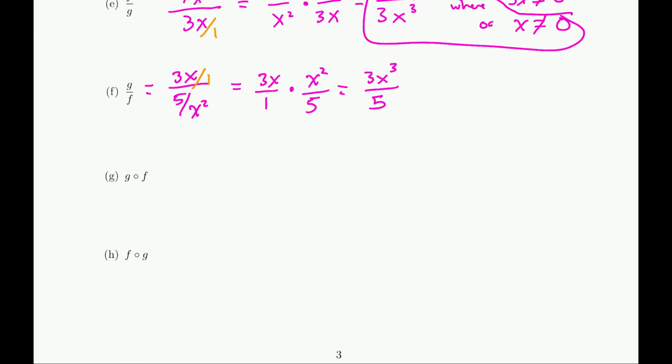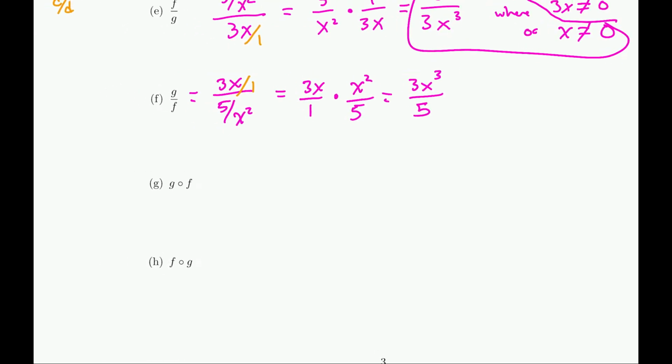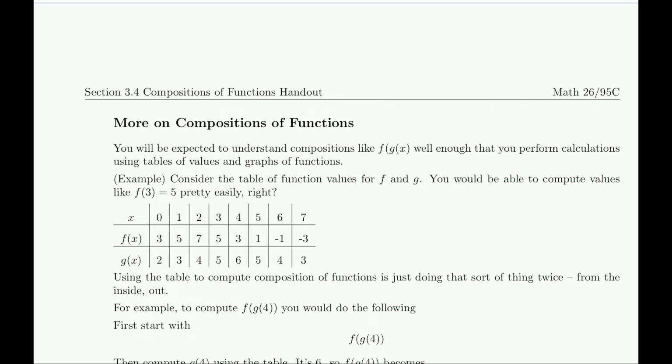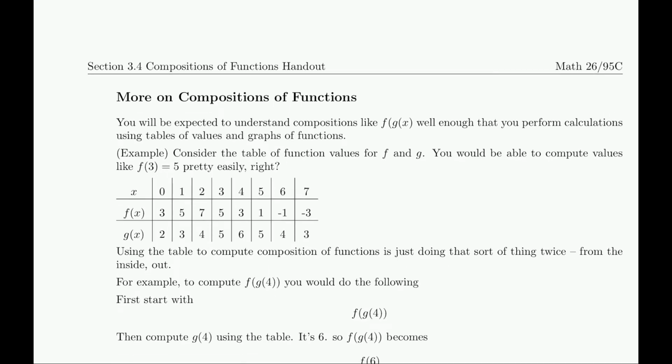Then we get into the composition of functions. I'm actually going to leave these blank for now because I want to come back to them once we know a little bit more about composition of functions. So let's skip ahead a little bit to more on composition of functions.